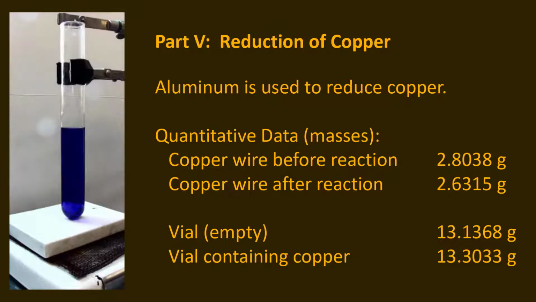In our process we need to try to recover our copper. What we're going to do is reduce it out of solution, and the way that I'm going to do that is using aluminum.